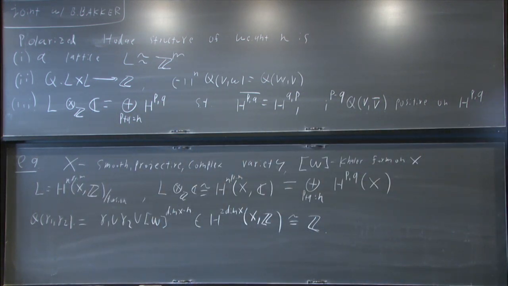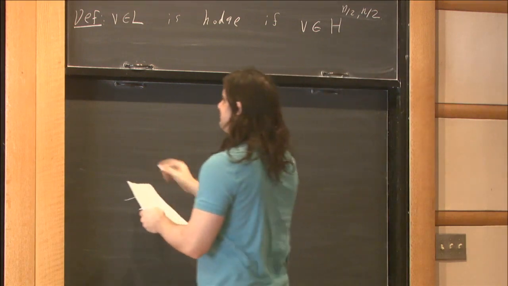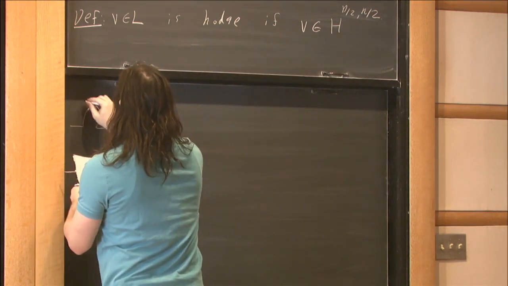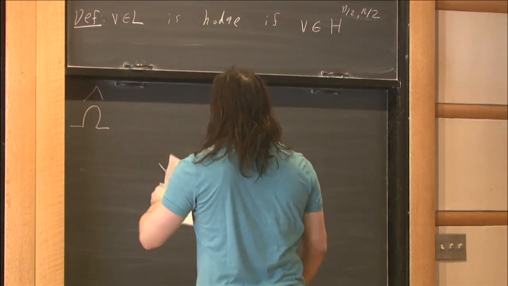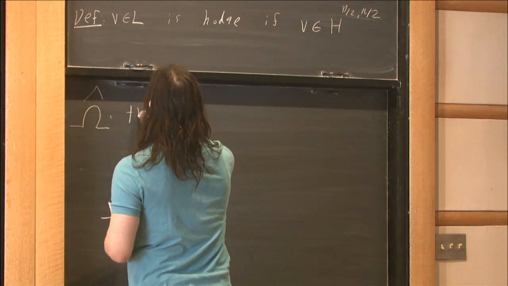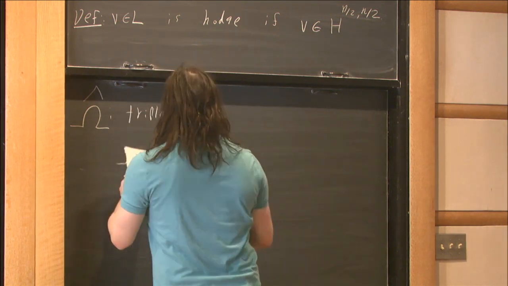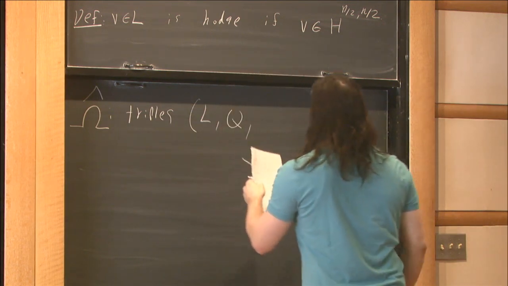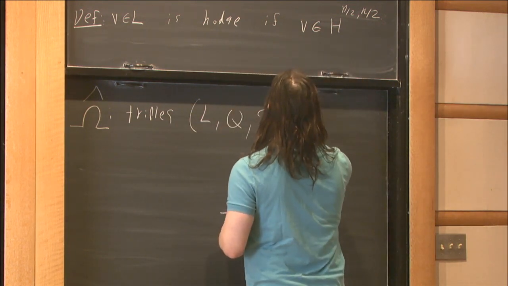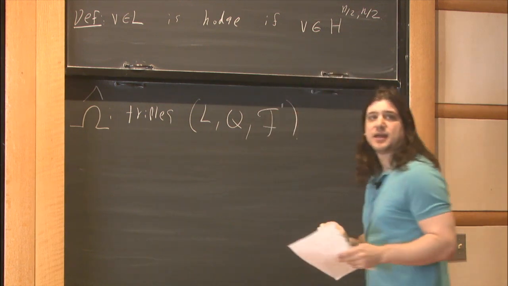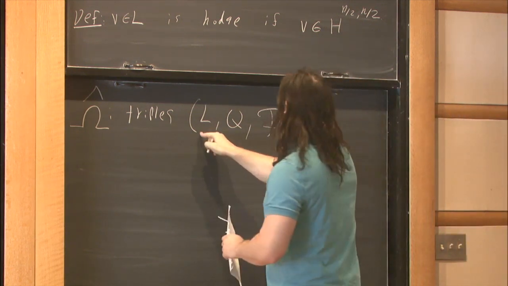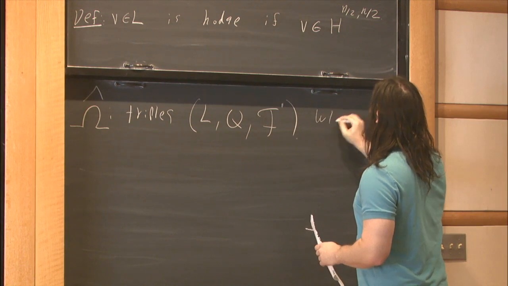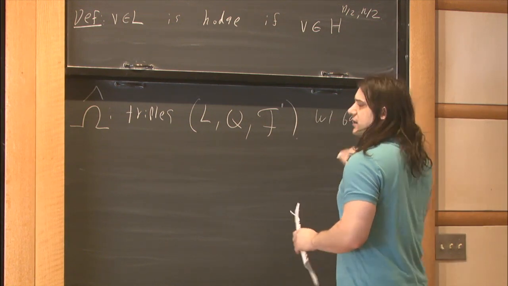All right. So now that we have things laid out in this way, we want to talk about varying these guys in families. And so let me define omega hat to be just triples of L, Q, F dot, where now I want these to be given with a basis.